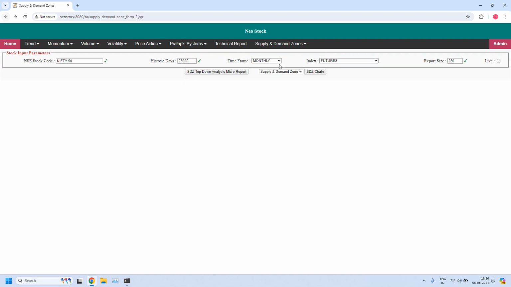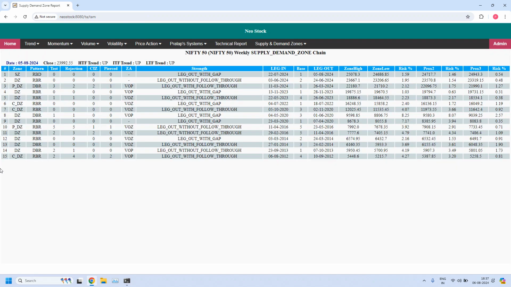Okay, the next report is for the weekly time frame. I am generating a supply demand zone chain for weekly for Nifty. Please remember, this is the weekly supply zone for the ongoing week. The week is not completed.